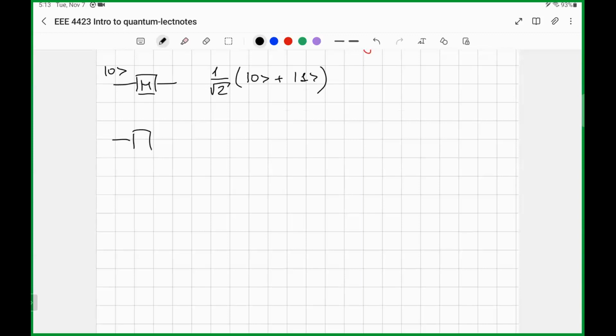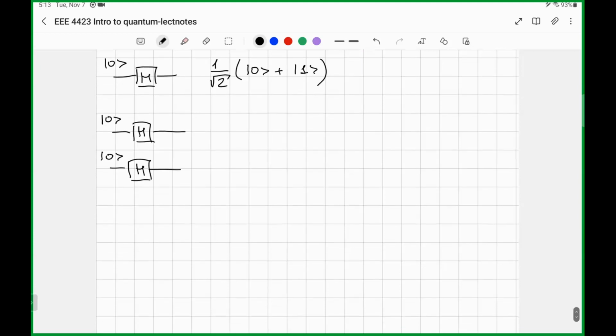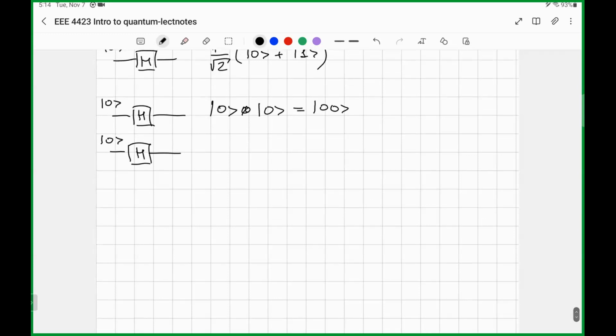For the system of 2 qubits, initially also in the state 0, of course in the input we can write it as a tensor product of 0 times 0, which is state 00, and in the output we also get the tensor product of the result of the first qubit, which is 1 over square root of 2 times 0 plus 1, and exactly the same for the second one, so I write the tensor product with 0 plus 1.